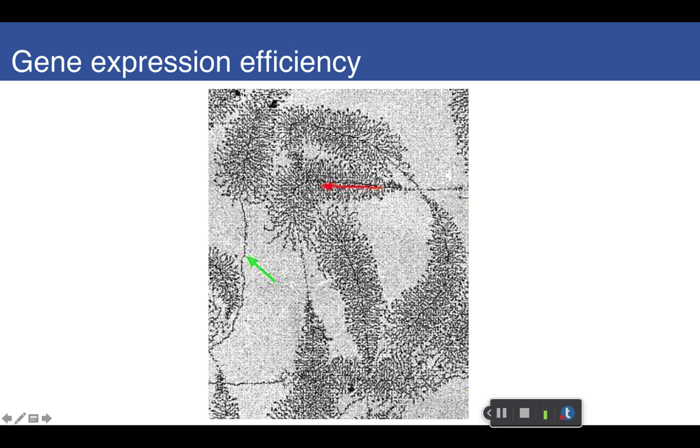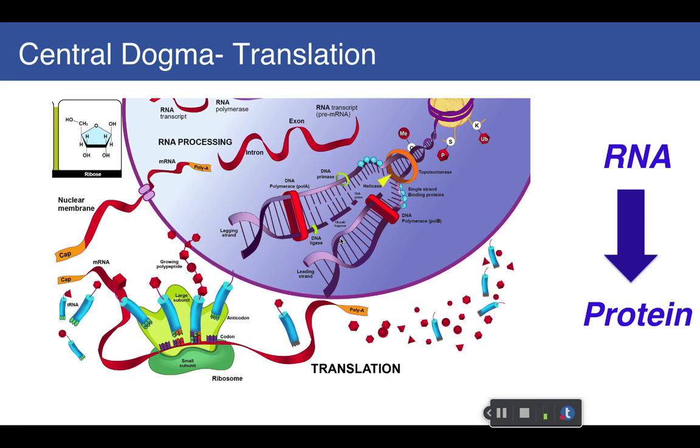Transcription and translation can occur simultaneously. The important part is that one mRNA transcript can have multiple polypeptides built from it.